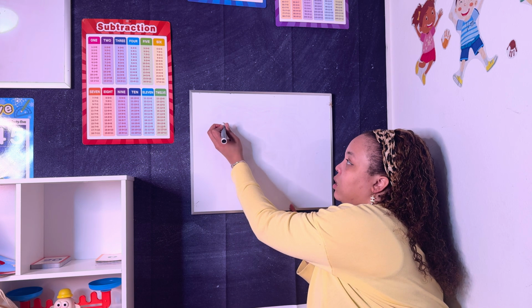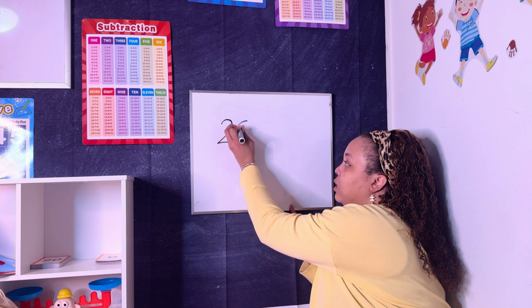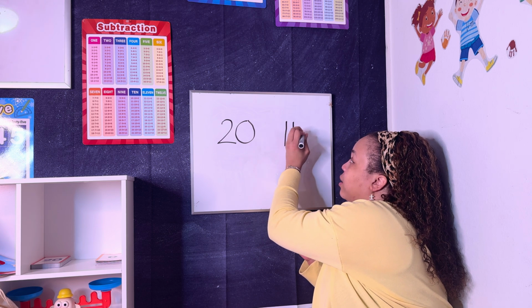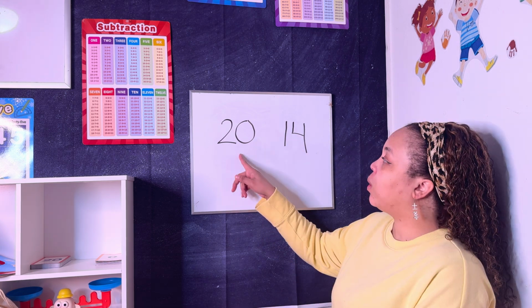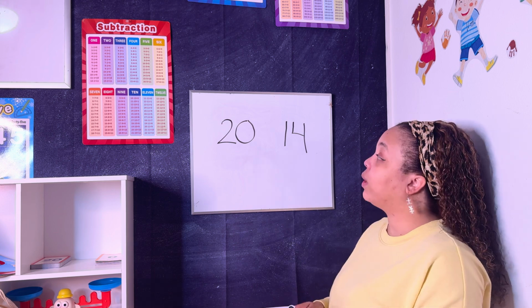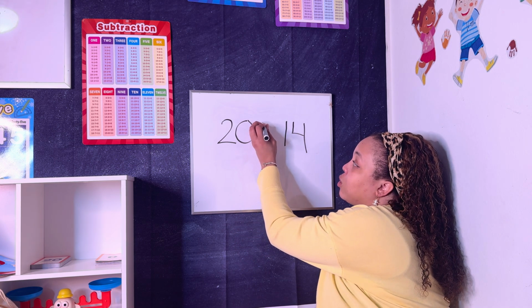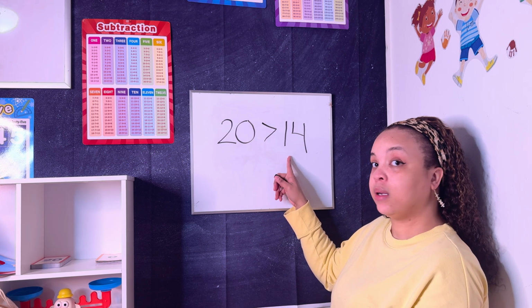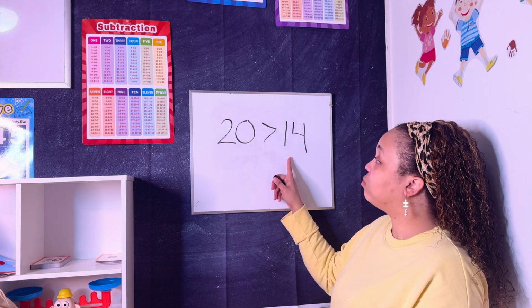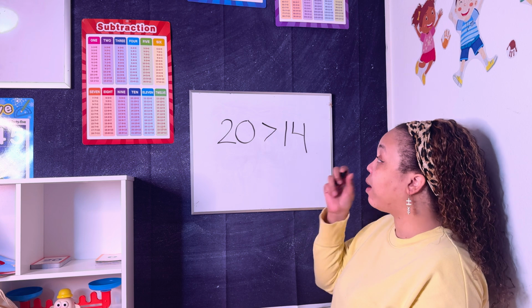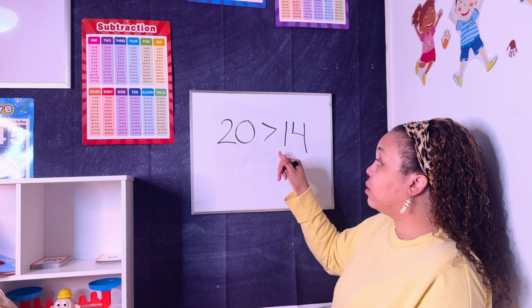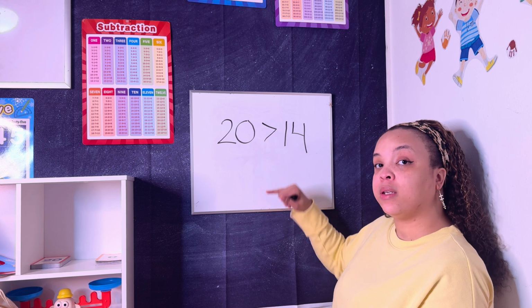Let's do 20 and 14. 20 is what to 14? 20 is greater than 14. Now, do you remember how to write it the other way? Remember when I was saying they look different, but they mean the same thing?